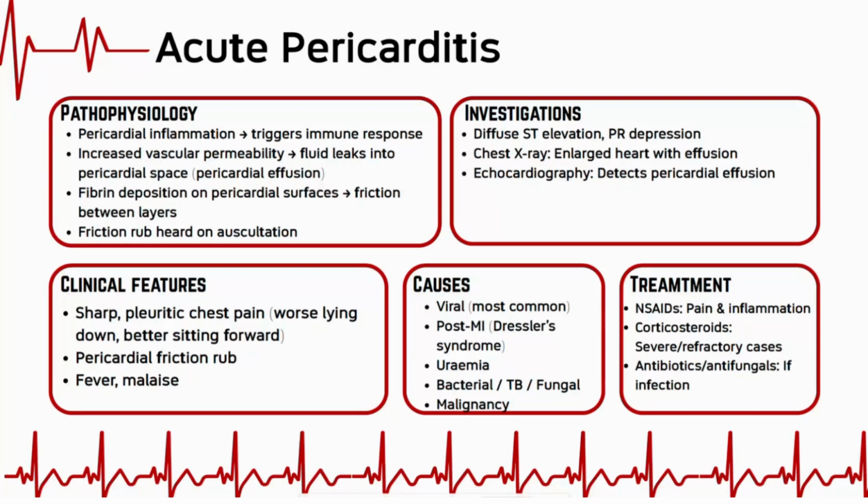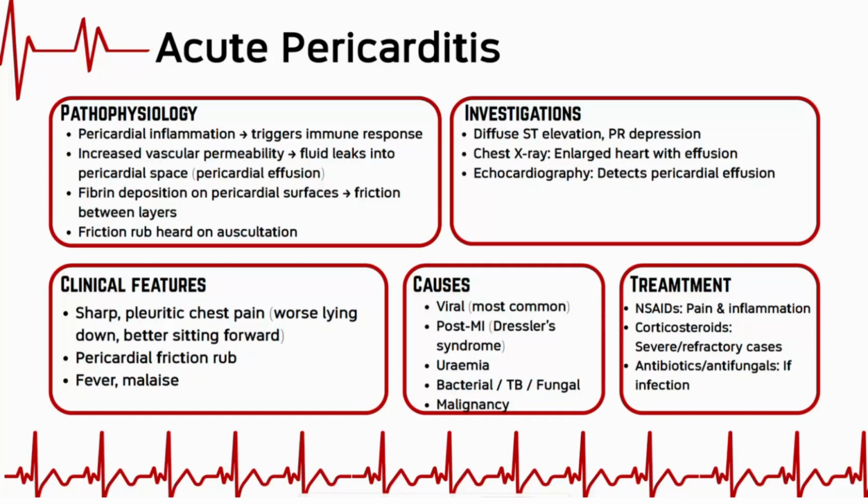So fluid leaks into the pericardial space, causing an effusion. Then you have fibrin deposition on pericardial surfaces, which creates a kind of barrier, and that increases the friction between the layers. And this friction between the layers is what we hear on auscultation, and we call this the pericardial rub.